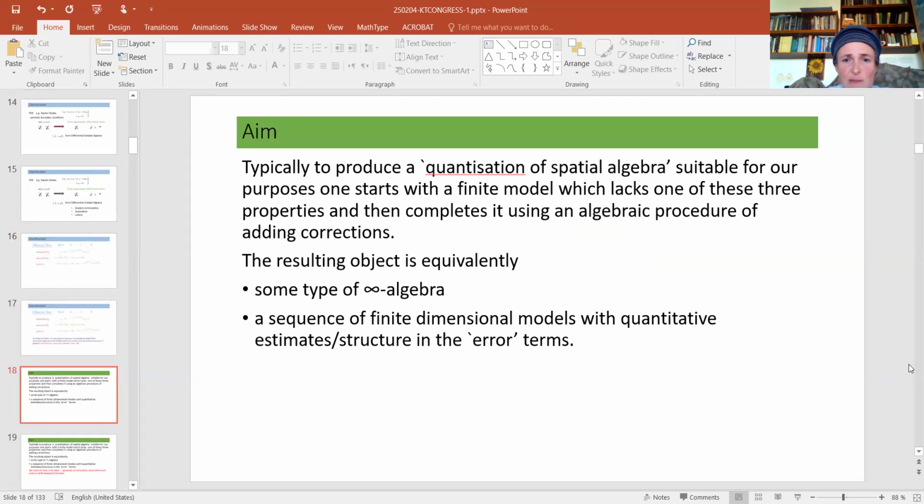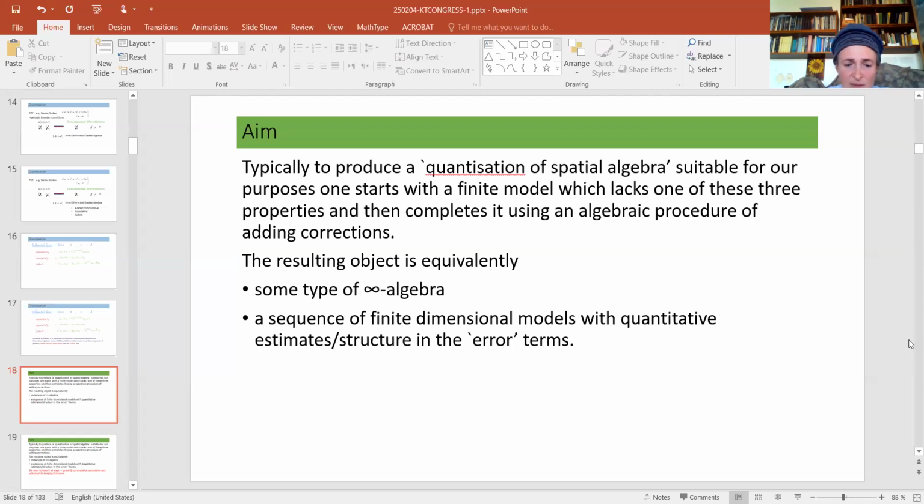So typically one goes about this by producing a quantization of spatial algebra, which is suitable for the purposes one needs, by starting with a finite dimensional model which lacks one of the properties, and then you somehow add terms to correct the error, and you end up with an infinity algebra of some sort. You can either think of it as an infinity algebra or a sequence of approximations in some sense with quantitative estimates in the best case on the error terms. But we don't really want to go down that avenue.